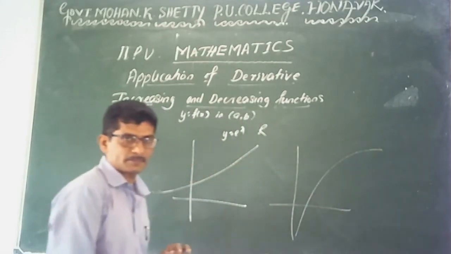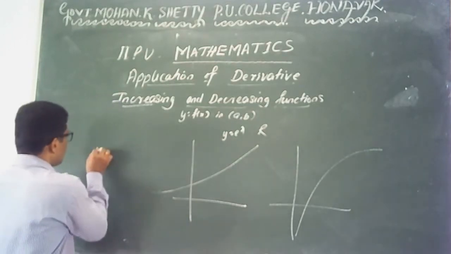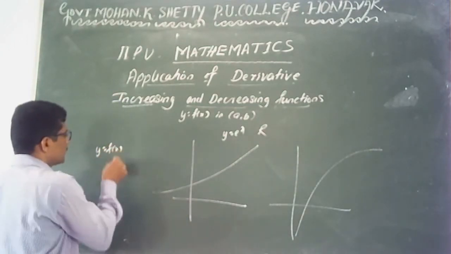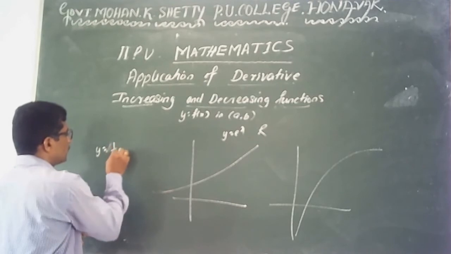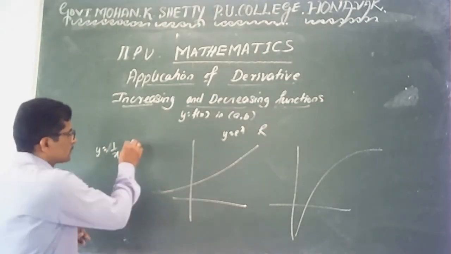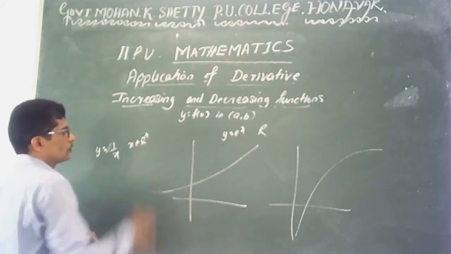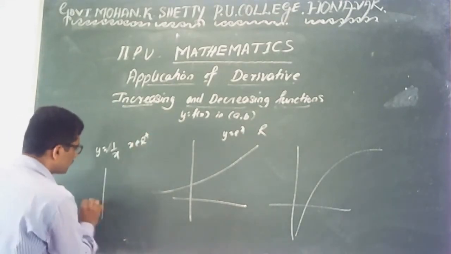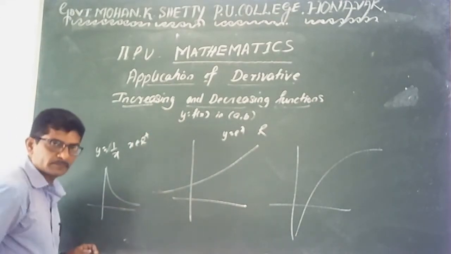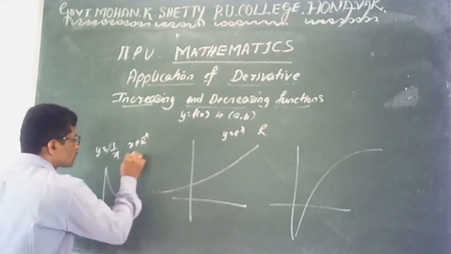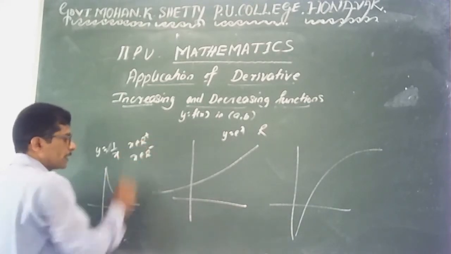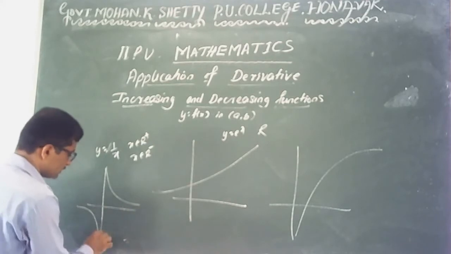Or suppose f of x is equal to 1 divided by x. If x belongs to the domain, the positive real numbers, the curve is like this. If x belongs to the negative real numbers, then you get it like this.